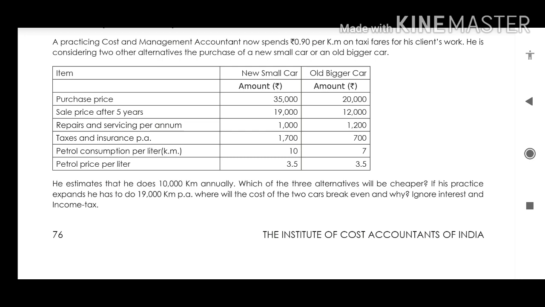From this, what we have to find is, for 10,000 kilometers we have to find the costs under three alternatives, and find which one will be the cheaper. Likewise for 19,000 kilometers, we have to find the cost of three alternatives and find which one is cheaper.